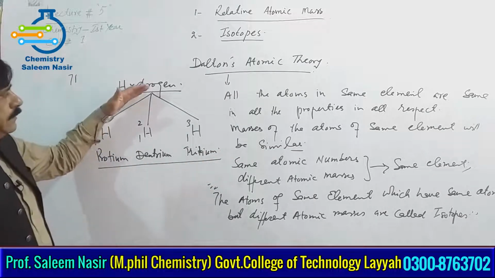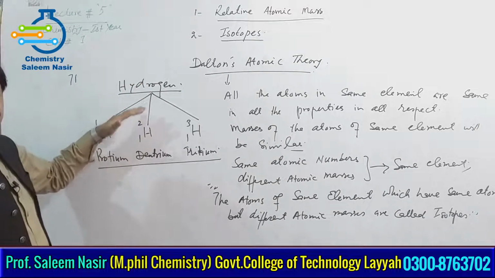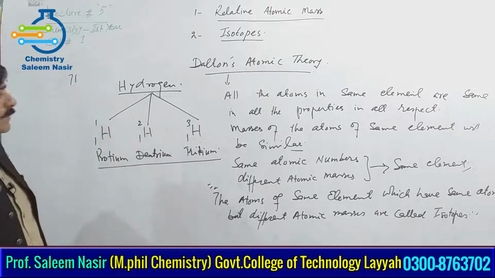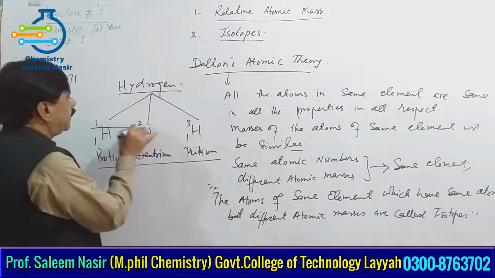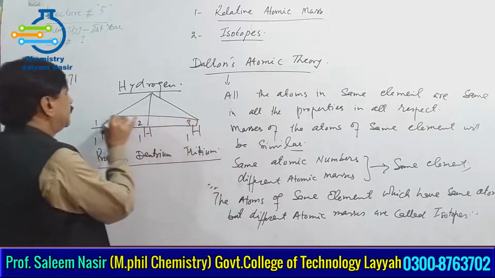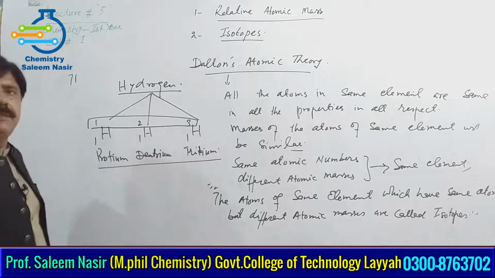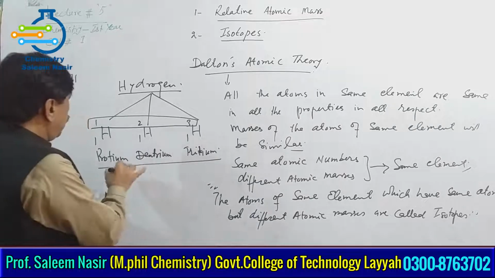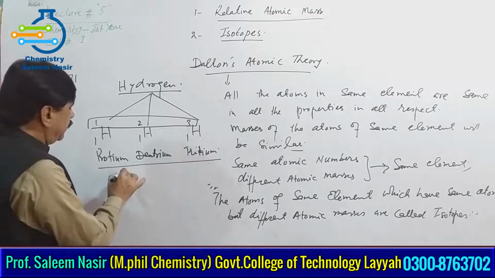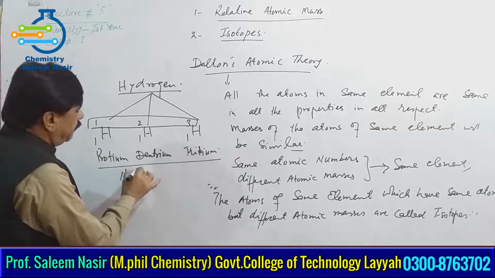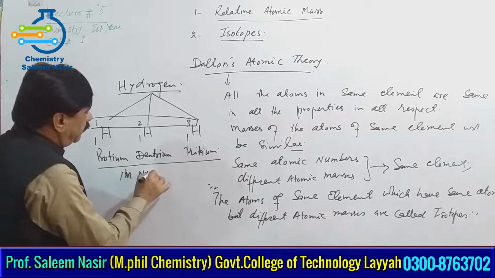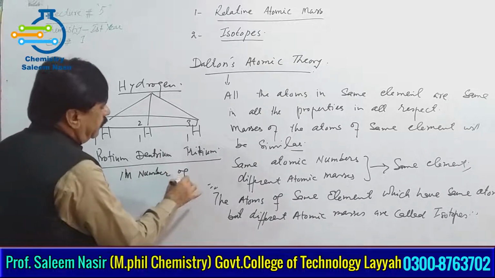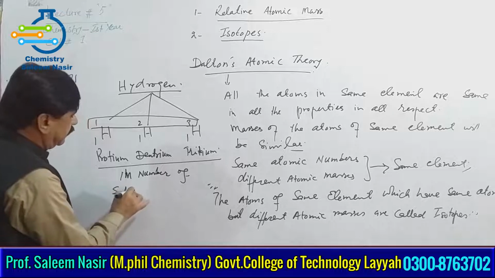These different atoms of hydrogen are different due to their atomic masses, and the atomic mass is different due to the difference in the number of subatomic particles.